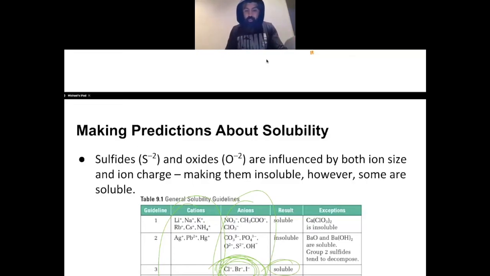So it all depends on what's going to bond with any one of those three, because if one of these three bonds with one of these three, they are considered insoluble, and based on these guidelines, whatever is up at the top takes precedence over everything. Everything below that, it all depends on where they are on this scale. That's what's going to take precedence in terms of solubility, and that's what we're going to look at in 10.2 right now. So we're going to move over to 10.2.